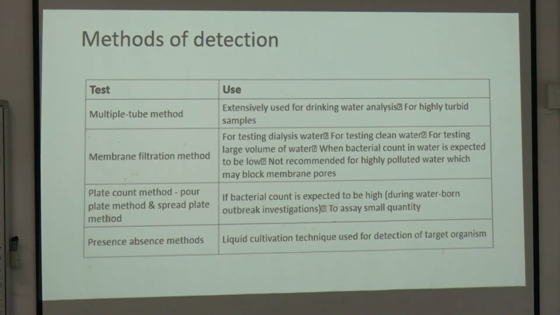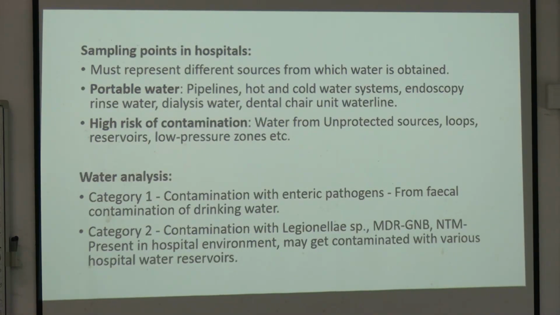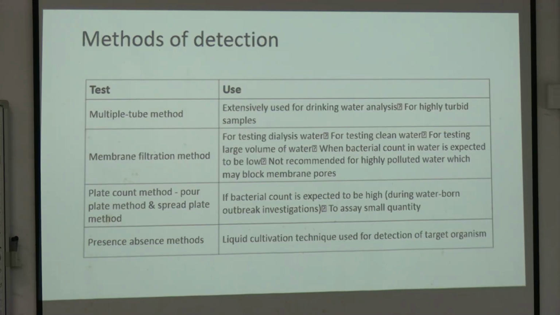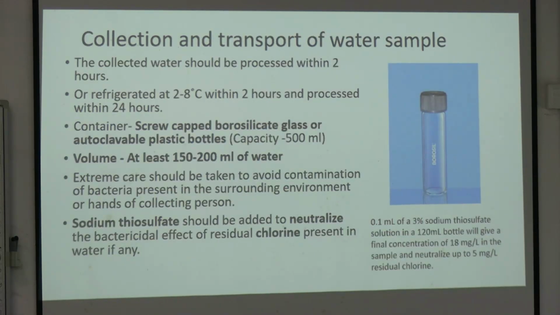Now, the previous slide, yes. Okay, sampling point I will just tell you later. Yeah. So this is how you should collect the water. You don't have to collect the water, but you should know how to collect it and in which container you should collect. Mostly the glass containers are used, which is screw capped, and it should be treated like a urine sample.